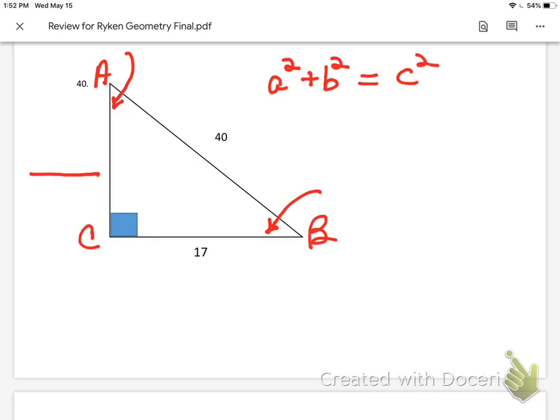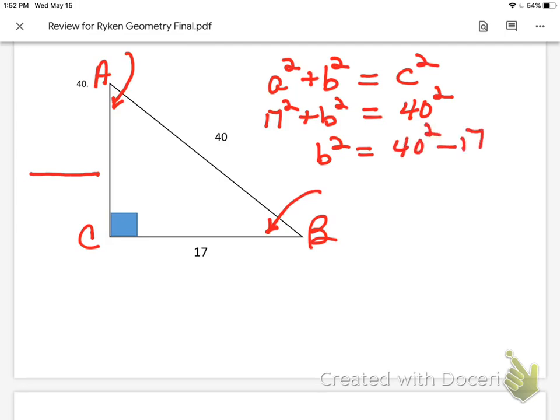So what do I have? I have a squared, that's going to be 17 squared. I don't have b squared, but I do have c squared. So b squared is going to be 40 squared minus 17 squared, because I moved this by doing subtraction.